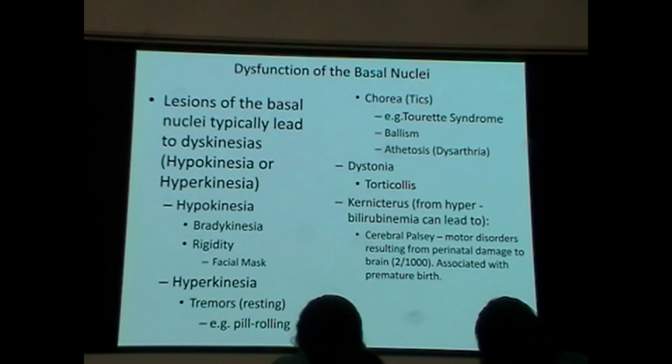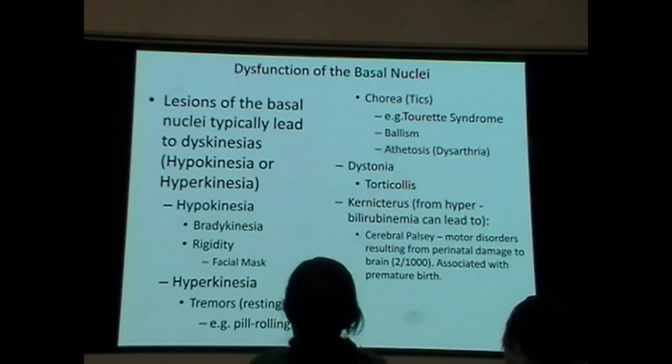When they speak, because they have this hyperactivity in relationship to their tongue, they also have a dysarthria, a problem with pronouncing language. Now there's a particular basal nuclear disease where this almost always happens.